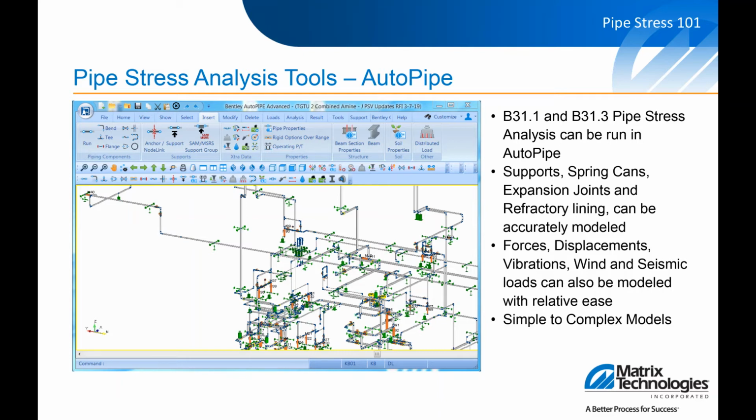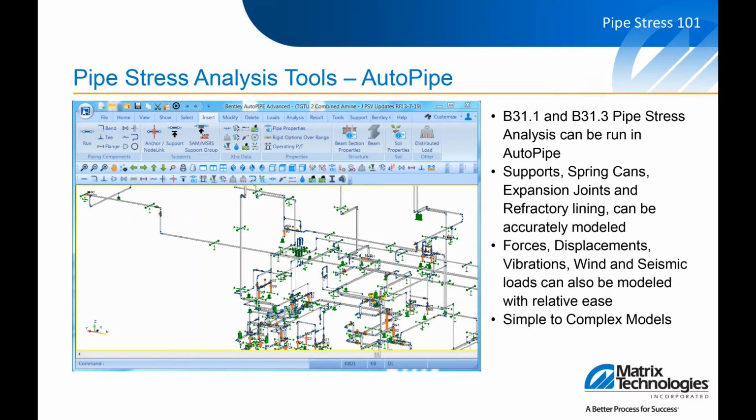Refractory lining can be evaluated. We can look at forces, displacements, wind and seismic loads, anywhere from a simple model to something that's relatively complex. We can put it right in here and run and look at the stresses and look at the loads.